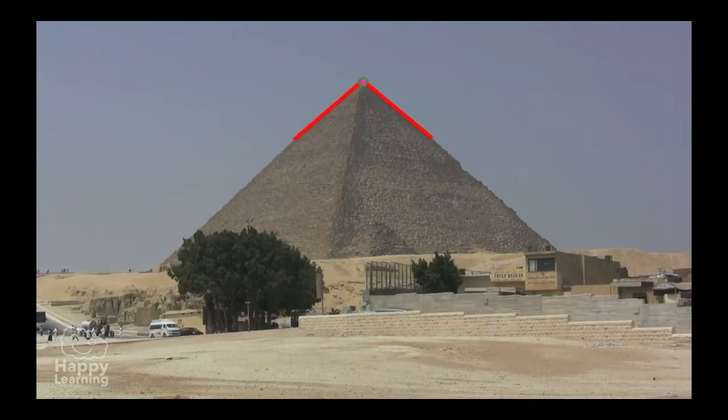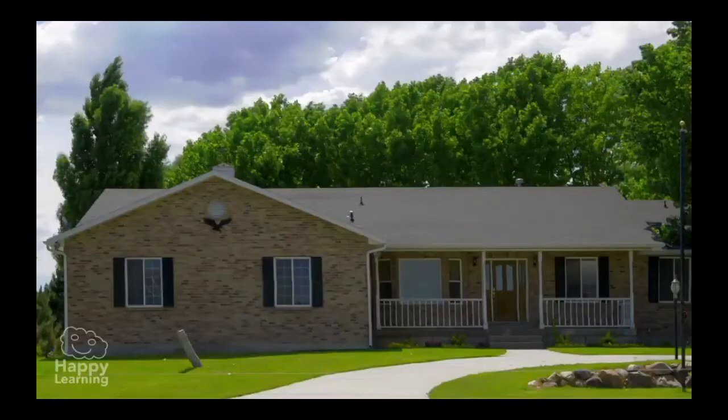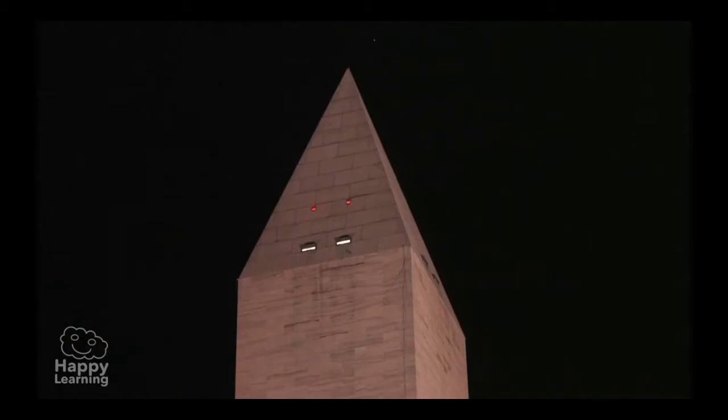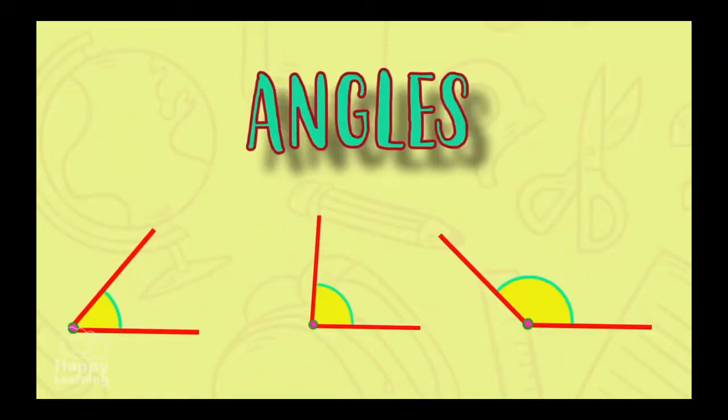Hello friends, welcome to a new happy learning video. Look at these images. Do you know what we're looking at? Exactly, they are angles. And today we are going to learn many things about them.